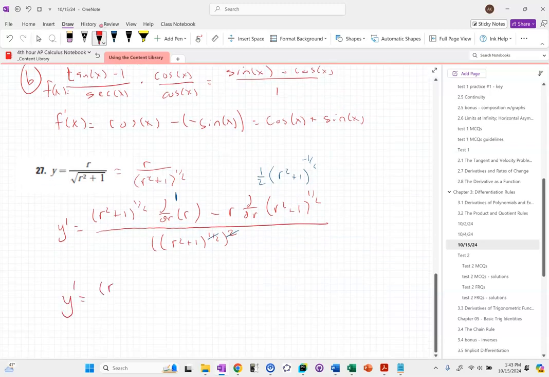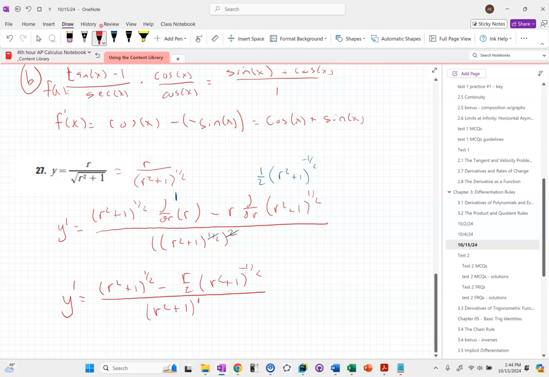So we're going to have r squared plus 1 to the 1/2 minus r times r over 2 times r squared plus 1 to the negative 1/2, all over r squared plus 1. Maybe I'll write that as to the first.